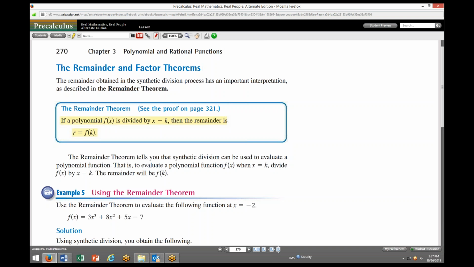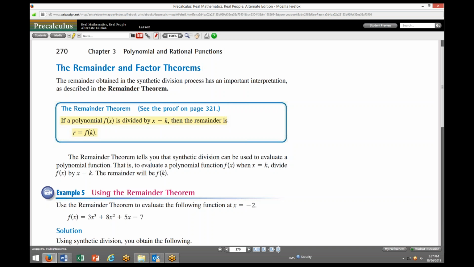Well, amazingly, that's true not just when what you're dividing by is a factor, but it's true no matter what you're dividing by. The remainder is going to be equal to the polynomial function value at that particular value of x, even if it doesn't come out even.